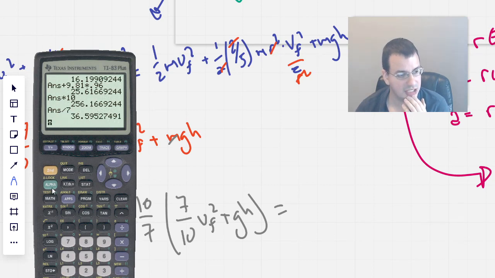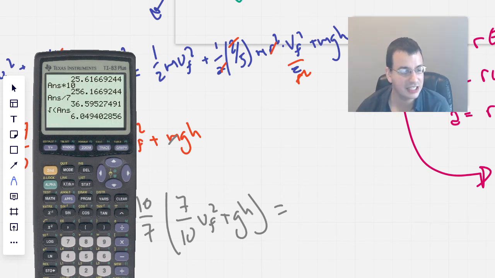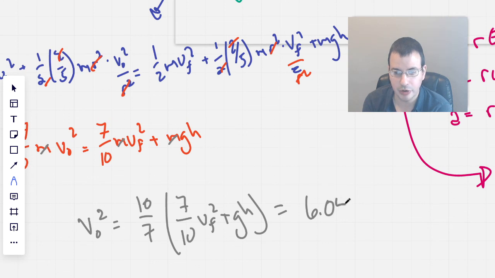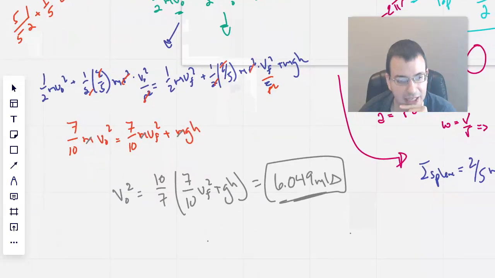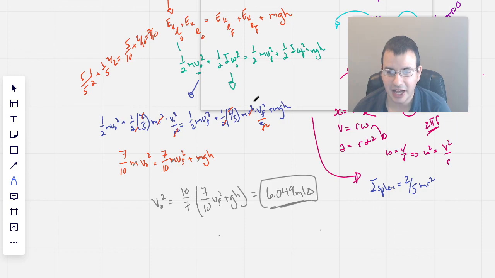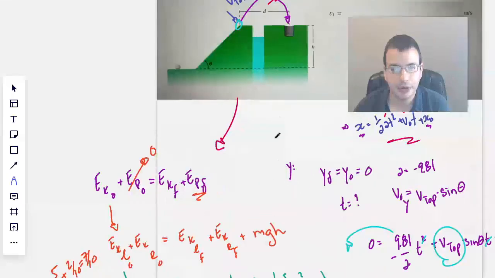Then we take the square root, and I get 6.049 meters per second. So that is how fast I think it would have to go.